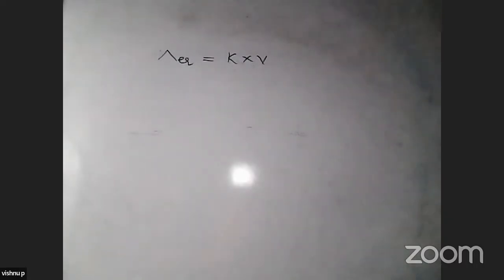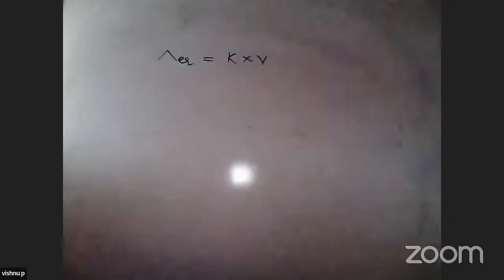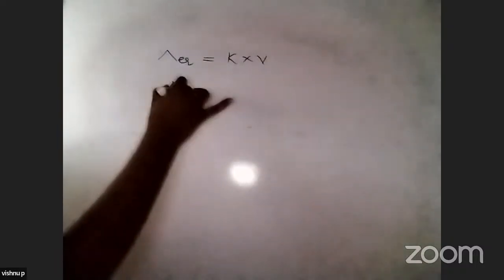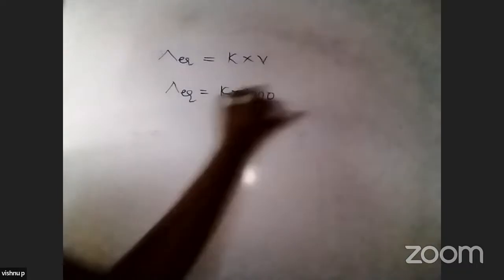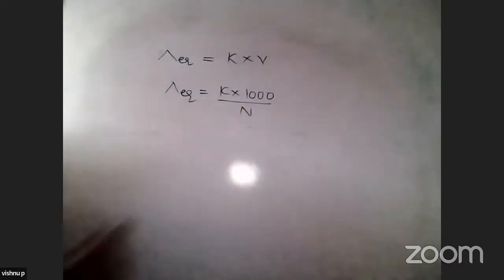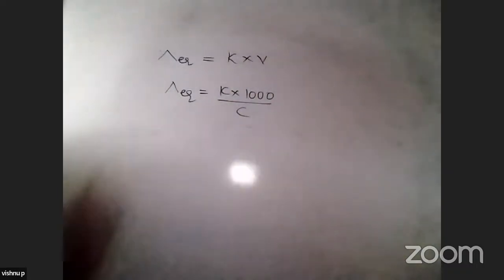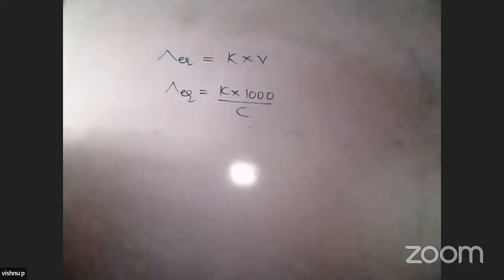That conductivity is called equivalent conductivity, or we write equivalent conductivity is equal to K into 1000 by normality. Normality we can take as the concentration C.